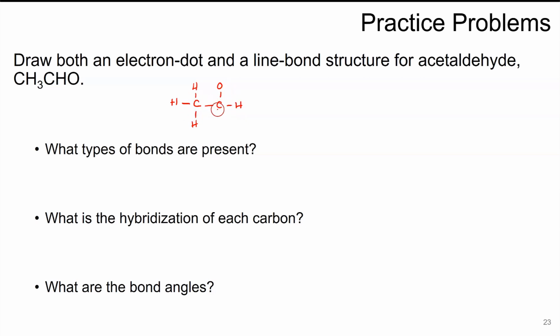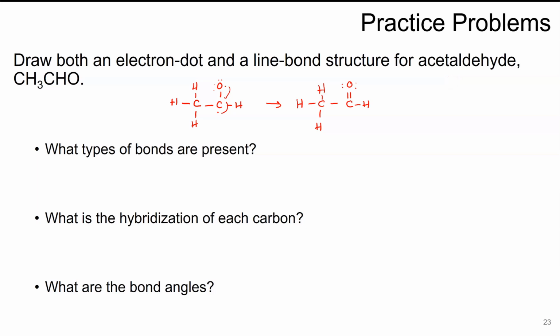This one only has 3. Oxygen is only having 1. Oxygen has 6 valence electrons. 1 of them is used here. Carbon has 1 left over. So what I'll do is join these 2 electrons together and make a double bond there. Okay, so that is the electron dot structure for acetaldehyde.